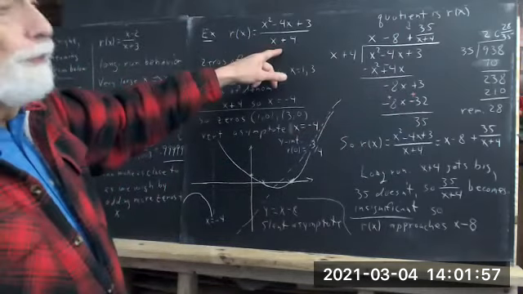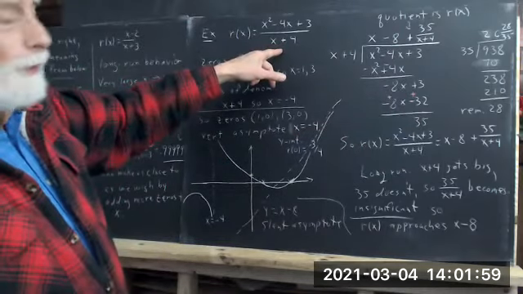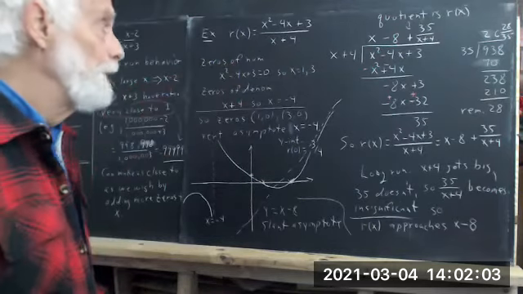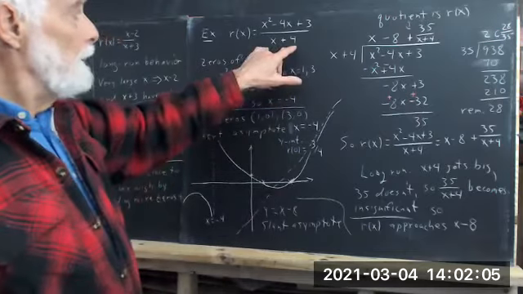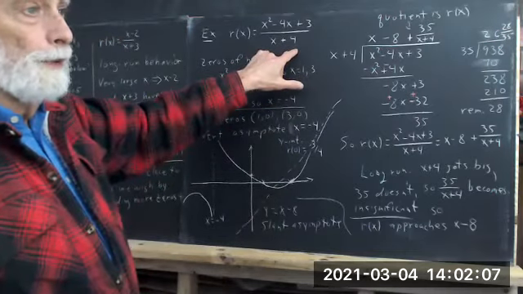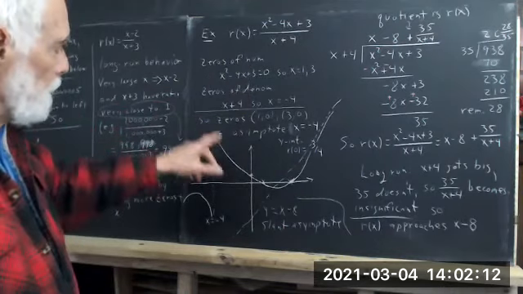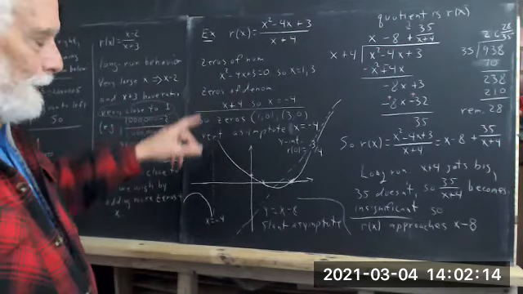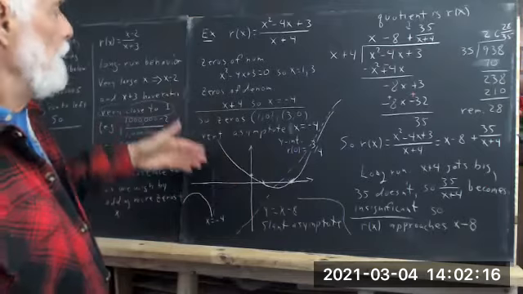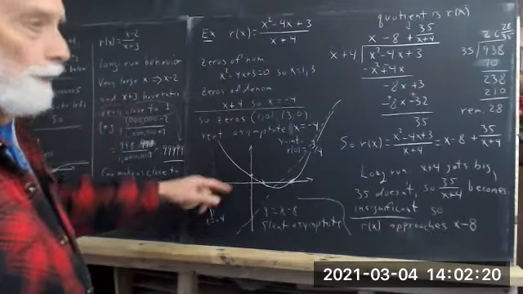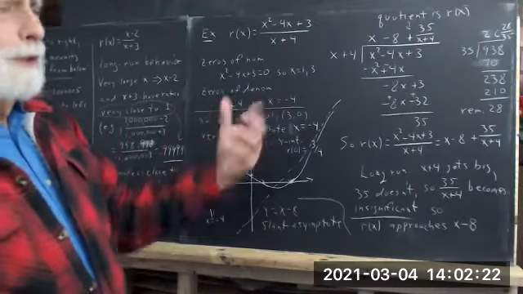If it was x plus 4 squared here, in other words, the denominator is x squared plus 8x plus 16, then you'd have an x plus 4 quantity squared. That would have multiplicity 2, and your asymptote would have the same sign. It would approach either positive on both sides or negative on both sides, just the way 1 over x squared does.